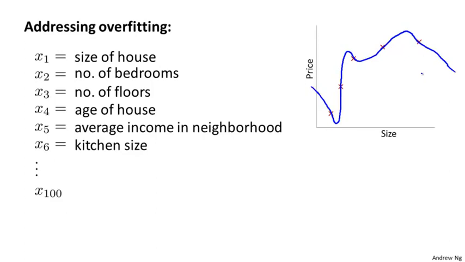So concretely, if we're trying to predict housing prices, sometimes we can just have a lot of different features, and all of these features seem, maybe, kind of useful. But if we have a lot of features and very little training data, then overfitting can become a problem.